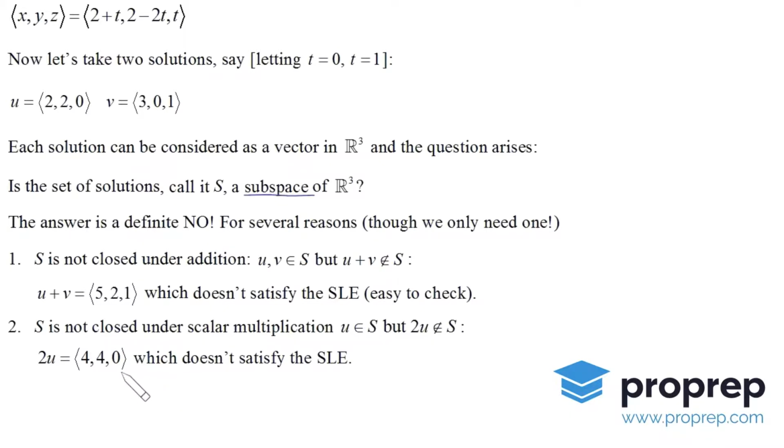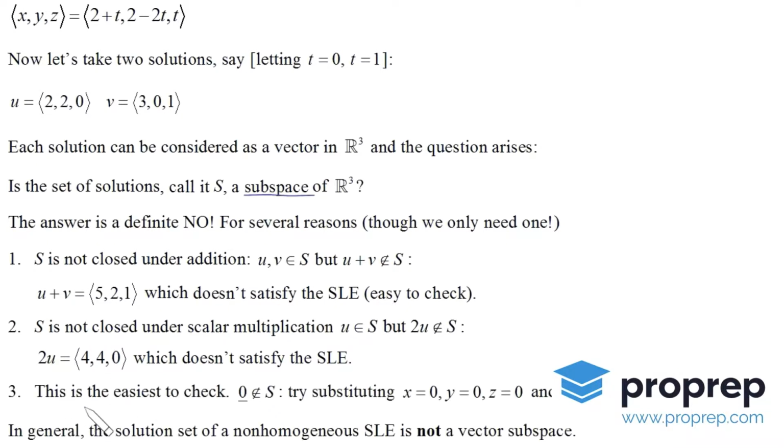And lastly, the final death blow, if you wish, and usually this is the one I check first because it's easiest, is that the zero vector is not in the set. So that's one of the basic conditions for a subspace. I mean, the zero vector means x equals 0, y equals 0, z equals 0. Plug it into the SLE and you'll see it doesn't work.